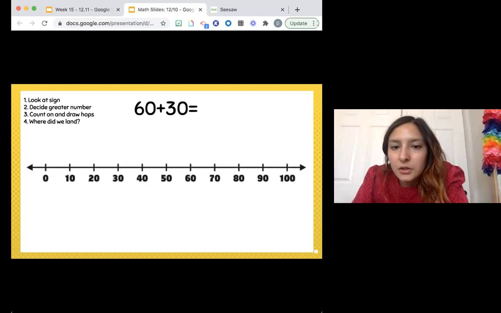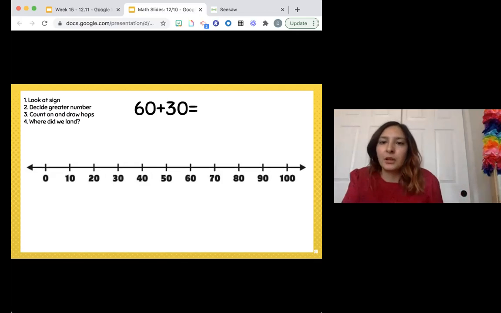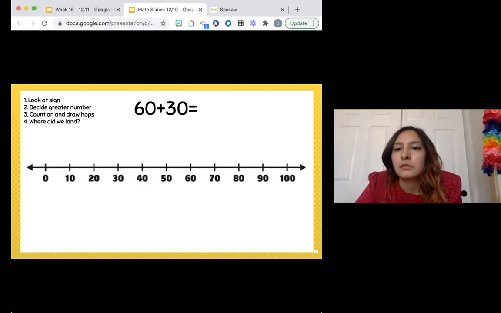I see that Joshua is getting to work, drawing his number line. Sophia is getting to work. Sophia is drawing her number line. Winter is counting on her fingers to figure it out.